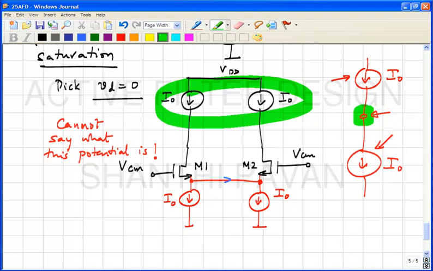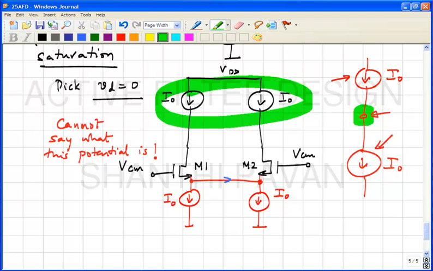You understand? Okay. So this is the problem. Ideally we'd like the output common mode to be at a known potential, which hopefully we can control. And that known potential must be a value which is greater than VCM minus VT. Correct?